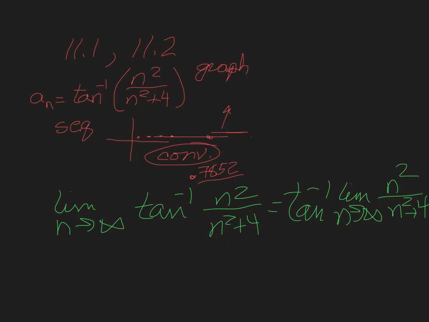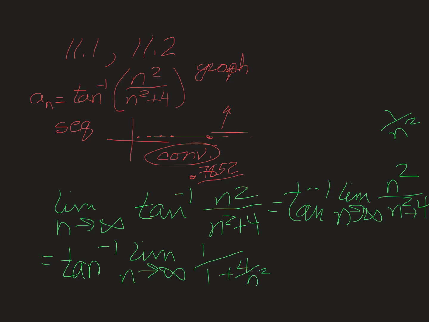This is a rational function, and so we use our techniques for limits on that, which essentially is we multiply the numerator and denominator by 1 over n squared. So we're going to end up with the inverse tangent of the limit as n goes to infinity of 1 over 1 plus 4 over n squared.